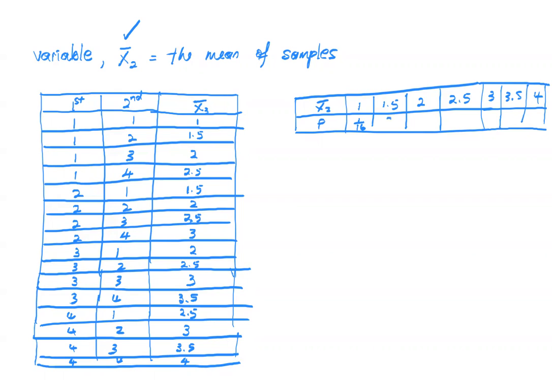So 2 out of 16. 2 appears how many times? 3 times, so 3 out of 16. 2.5 appears 4 times, 4 out of 16. Right? 3 appears how many times? 3 times. Do you see from the table, you can see the symmetrical part of it?